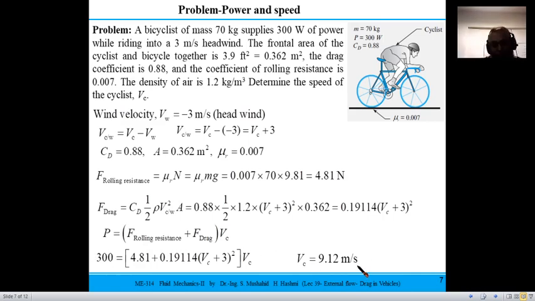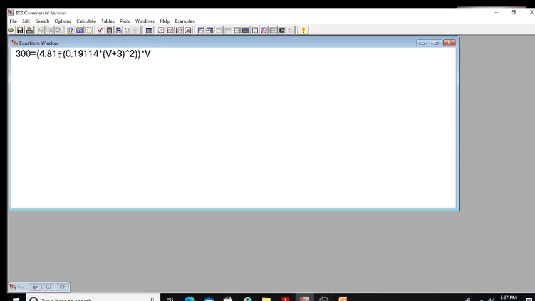This thing we can do by using EES as well. So I will show how we can do it on EES. On EES, you see that we have written that equation, that was our rolling resistance plus the drag force, and that V is the velocity of the cyclist, so plus 3 whole square.